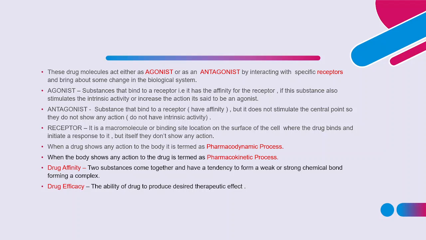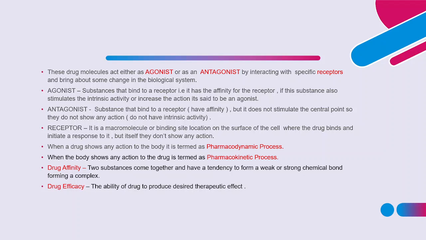So agonists have both affinity and intrinsic activity, whereas in case of an antagonist, the substance or the drug binds to the receptors as usual, as seen in case of an agonist also, which means that the substance and the receptor have affinity for each other. But in case of an antagonist, they do not have intrinsic activity, which means they do not stimulate the central point.